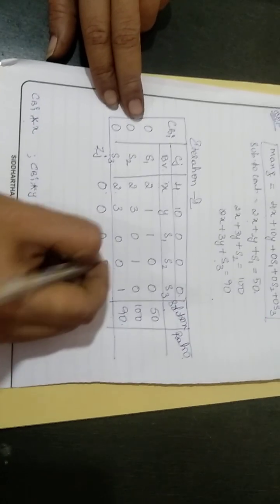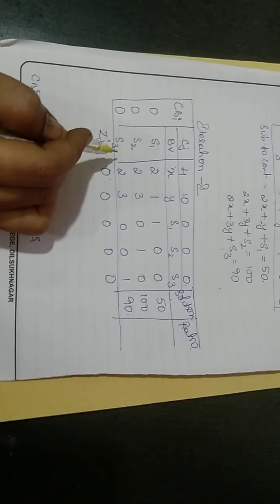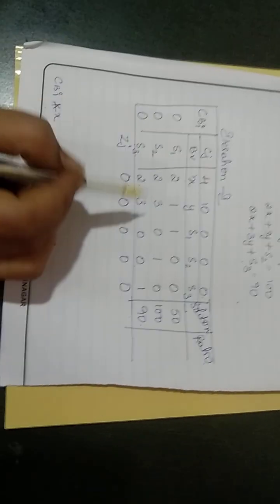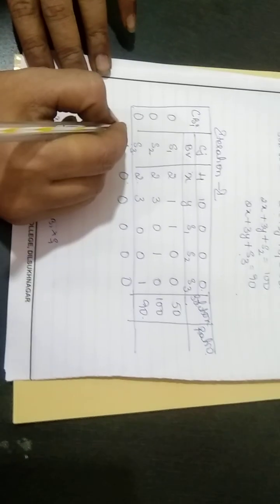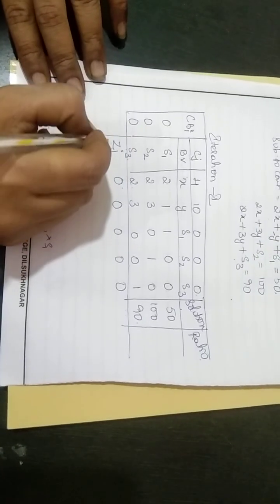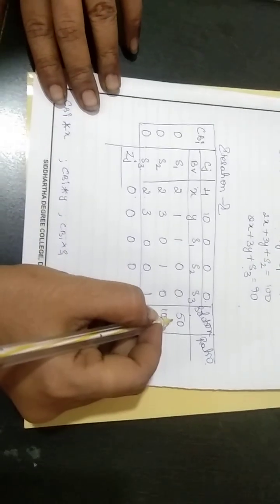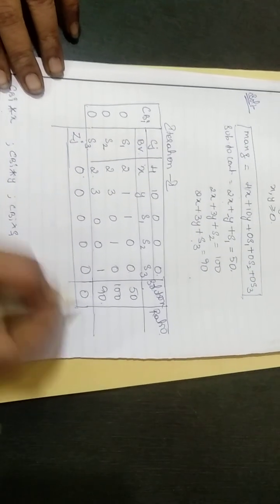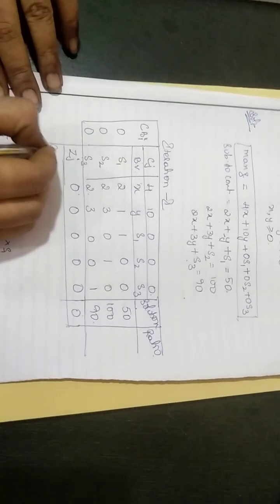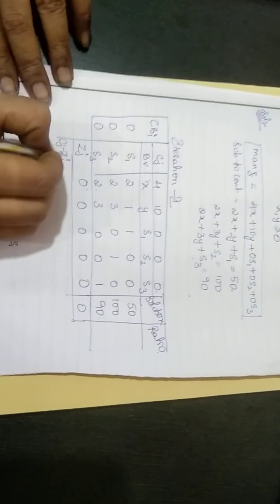Everything is going to be 0 because everything I'm multiplying with 0. For the solution also, 0 into 50 plus 0 into 100 plus 0 into 90 is going to be 0. So once I know this, now I'm going to find Cj minus Zj.